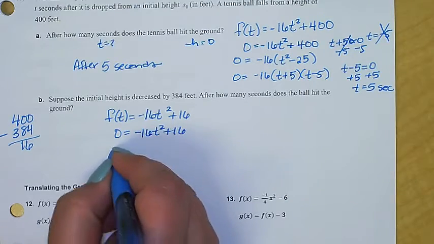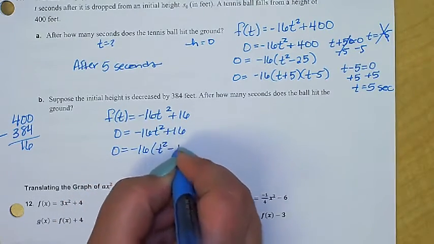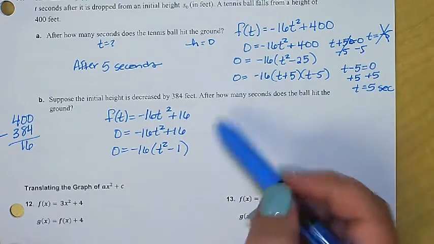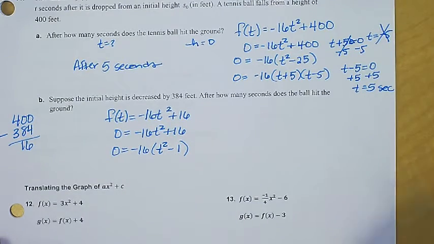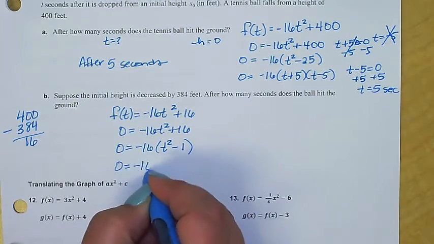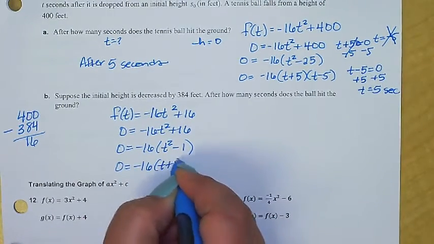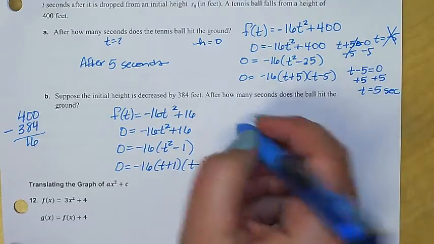We would look for a GCF, which in this case is negative 16. That leaves us with t squared, and then positive 16 divided by negative 16 is just a negative 1. We recognize this is a difference of squares, indeed. So that factors to t plus 1 and t minus 1. And then we use the zero product property.